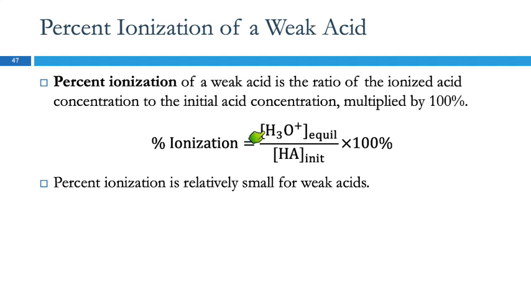So here it's the part we're interested in, the hydrogen ion concentration, divided by the initial concentration of the acid, multiplied by 100. We want to know what percent of that weak acid ionizes. The part that ionizes is going to produce hydronium ions. And then this is the total amount. So we'll see that the percent ionization is relatively small for weak acids.